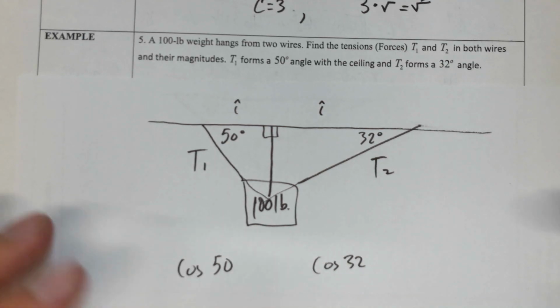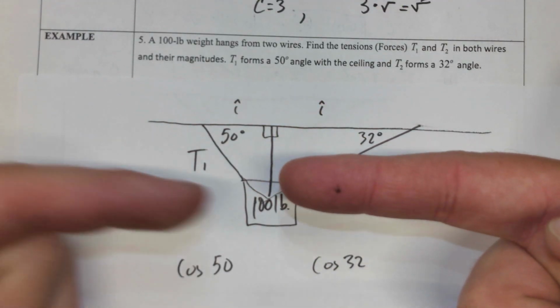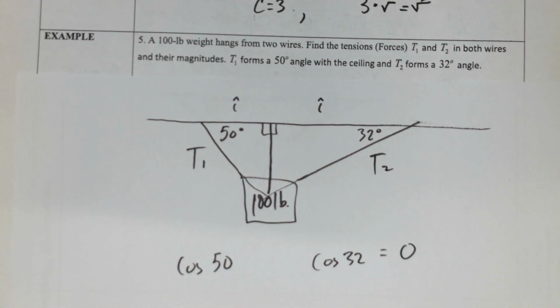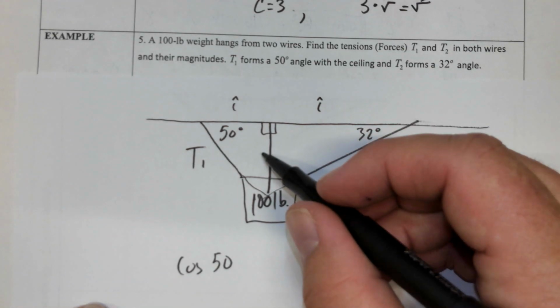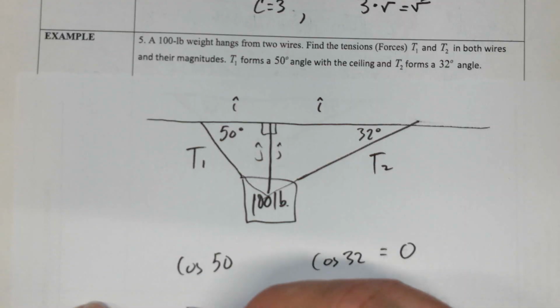Well, this system has any pull that happens this way also happens this way. So the resultant force in the I direction ends up being 0. And so that means my vertical force would be the J force, and that J force is a sine relationship.